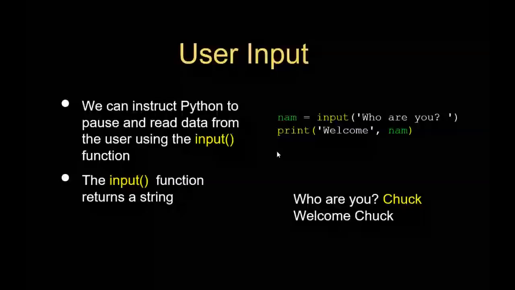Nobody? Okay. Because anything can be a string. So the number 10 can be a string, the number 3.0 can be a string, the word true can be a string, anything can be a string.